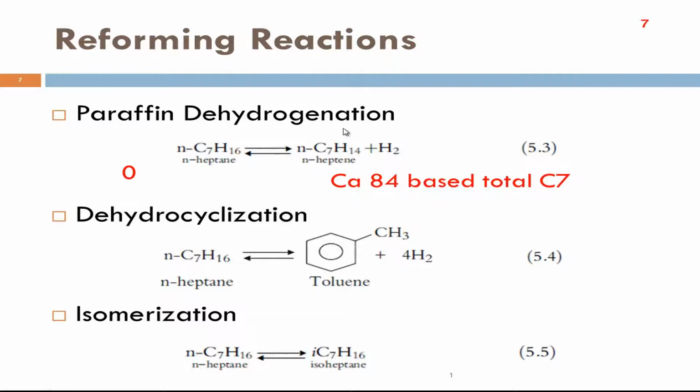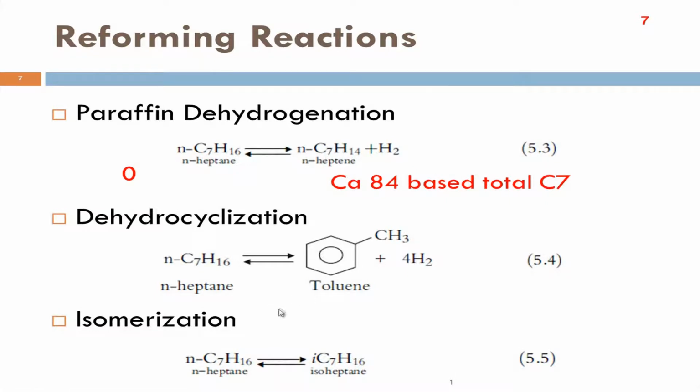This is the dehydrogenation of paraffin. In this case, the reaction is extremely important since it can boost the octane number from nothing to 84. This reaction is the combination of the dehydrogenation, taking the hydrogen out, and also the cyclization from the straight chain to the aromatic one.